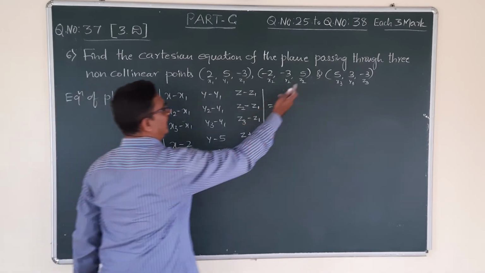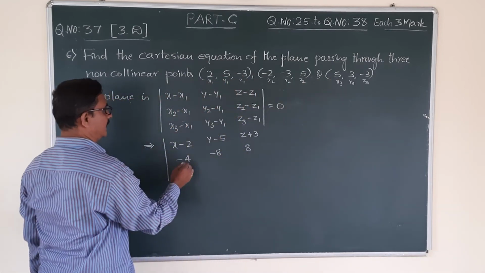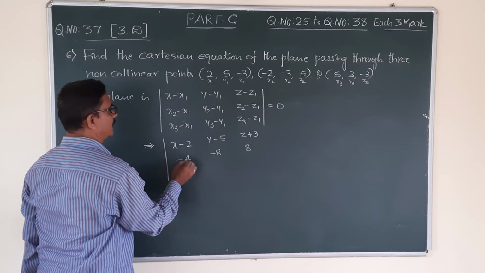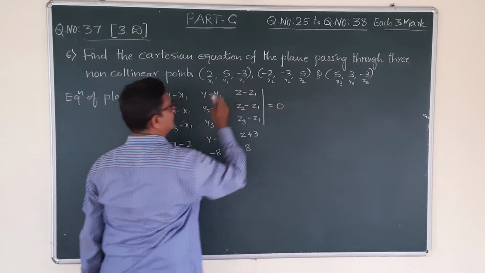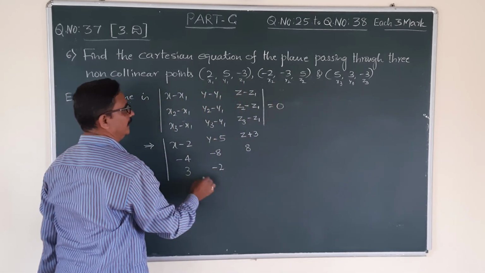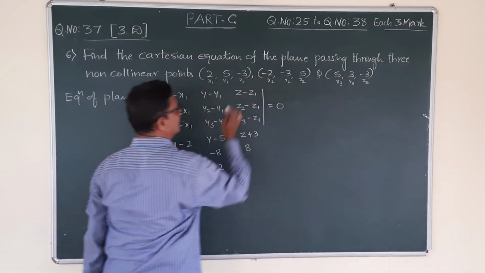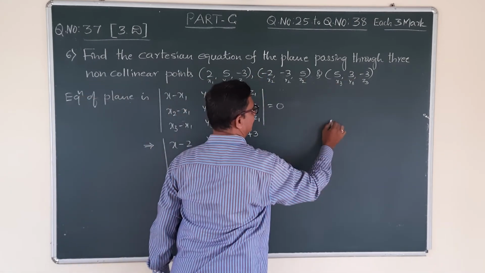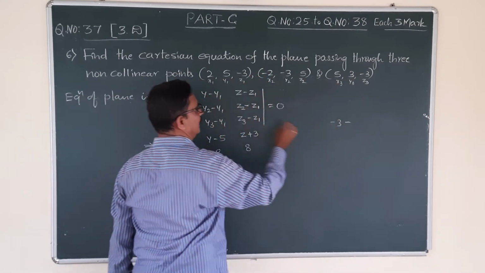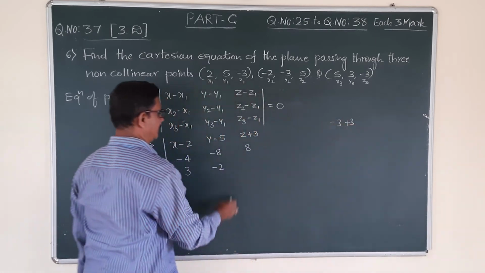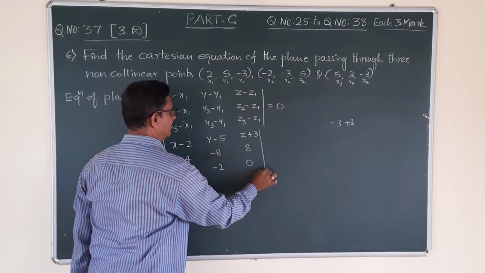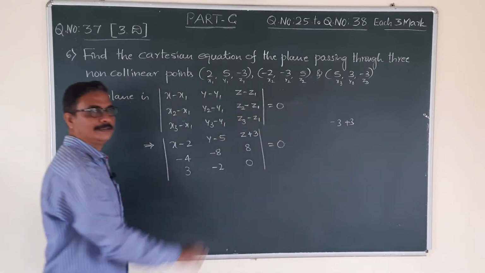Next, x3 − x1: 5 − 2 is 3; y3 − y1: 3 − 5 is −2; z3 − z1: −3 + 3 is 0.